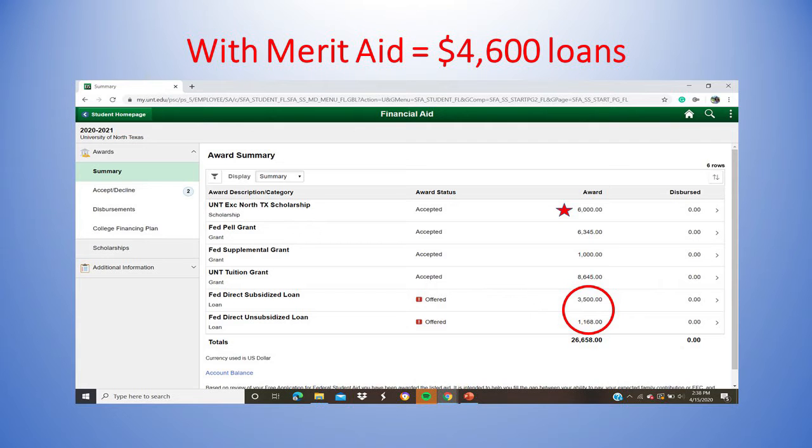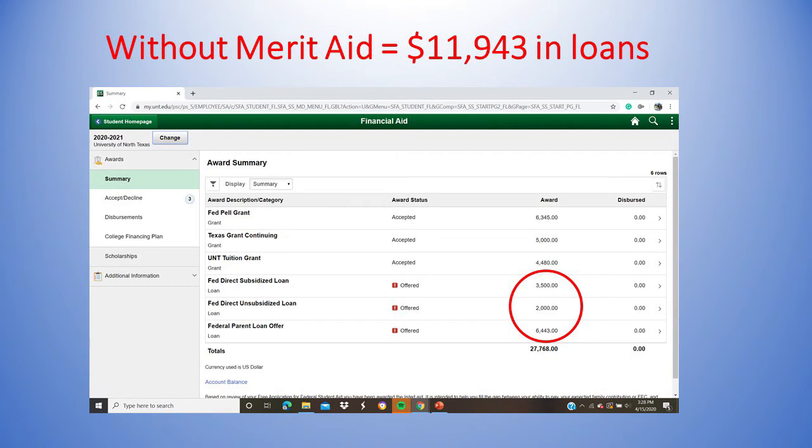This first one has merit aid, got a $6,000 scholarship, which is going to be good for 4 years. And with that merit aid, to reach the cost of attendance, they're going to need $4,600 in loans, which more than likely the student could probably earn. They probably will be able to get by without even taking out those loans.